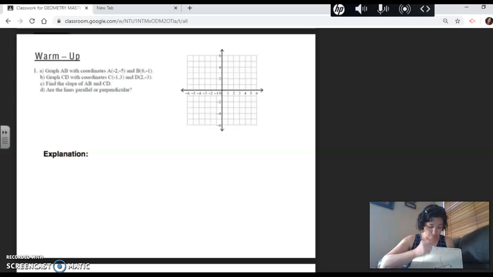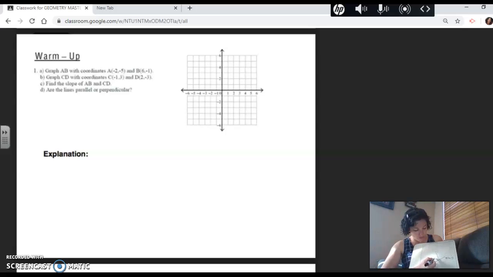So let's look at this first line AB, and you're looking at the point -2, -5. That's a 2, by the way. This one was 6, -1. So if I'm going from, okay, how much is it going up and how much is it going over?